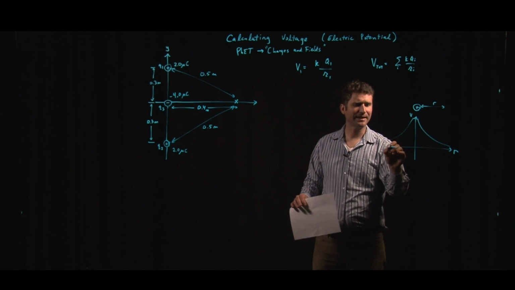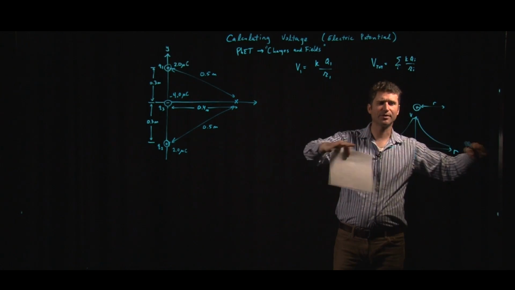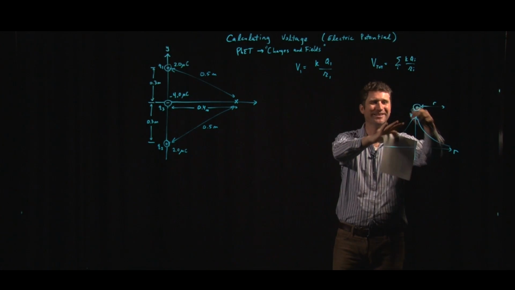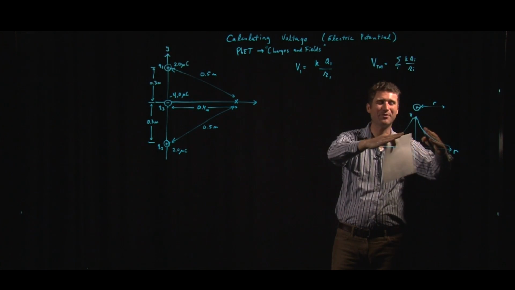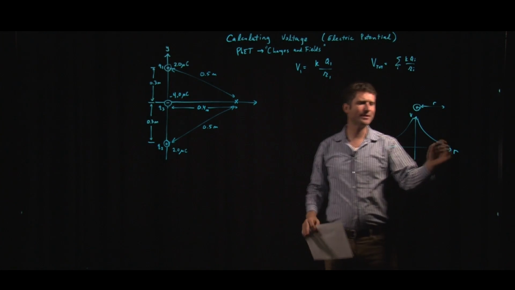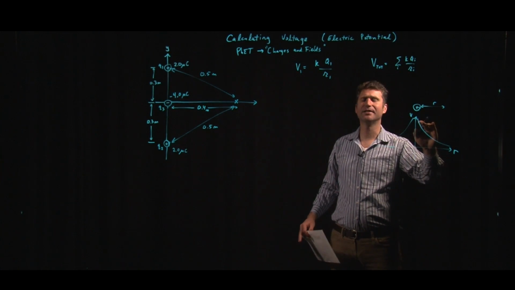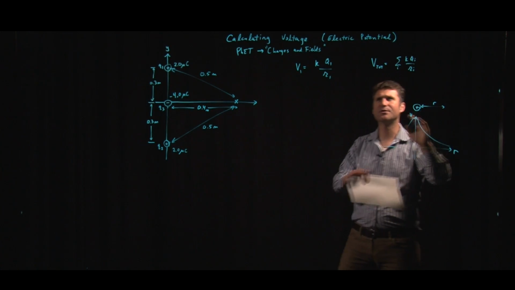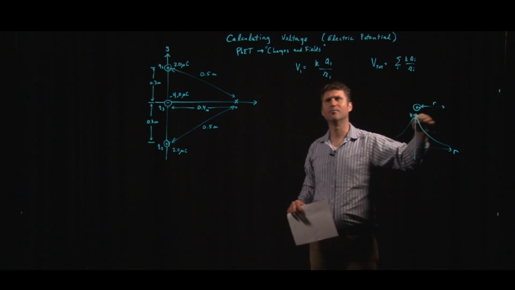I like to think of it as a kind of hill, like a volcano, which comes to an infinite point. As close as you get to this thing, the potential will keep rising. If I try to bring in another charge here, I'm going to have to climb up that hill, and as I want to get closer, I have to overcome more of that voltage.